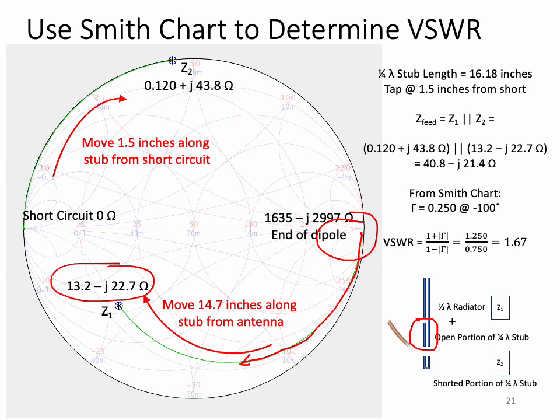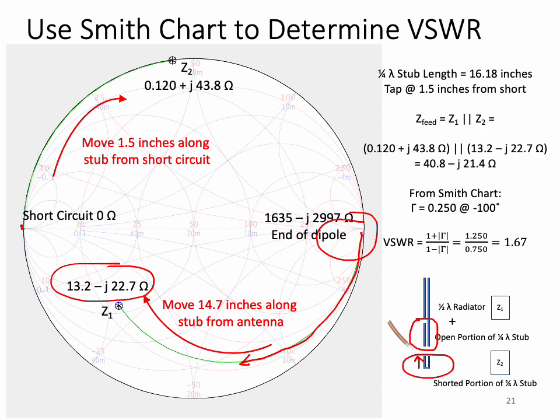Looking at impedance Z2, which is the bottom portion here below the feed point, we start with a short circuit on one end. So we're starting at this point on the Smith chart. And again, we're moving clockwise along the Smith chart, an amount which corresponds to the distance of the tap point from the short circuit. So we move up the piece of twin lead, which is part of a stub, to the point where we reach the tap at this point here.